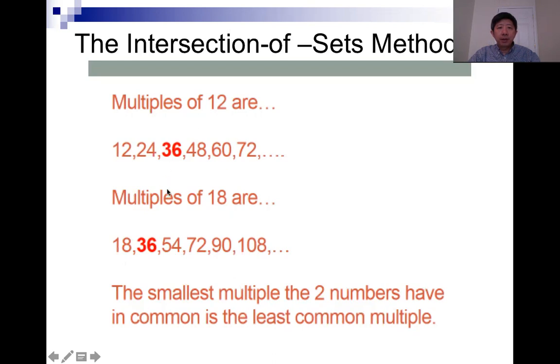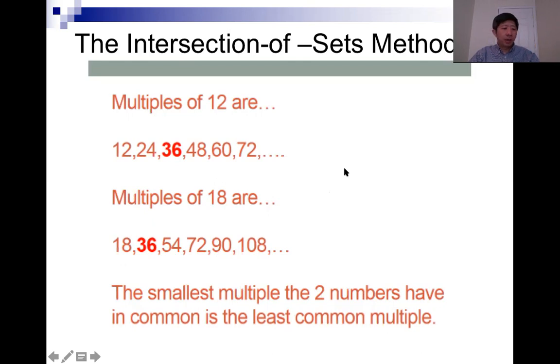You can find 36 is common, right? And 36 is a common multiple. So therefore, this is the smallest common multiple of the two numbers, the least common multiple, okay? So we have 36 as the least common multiple.